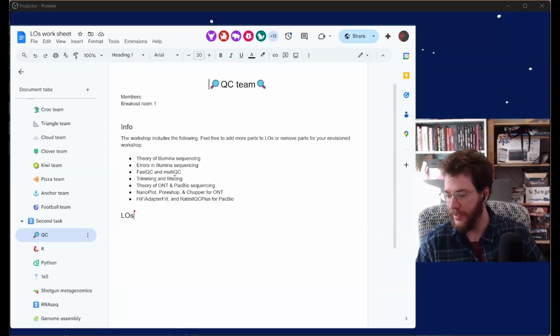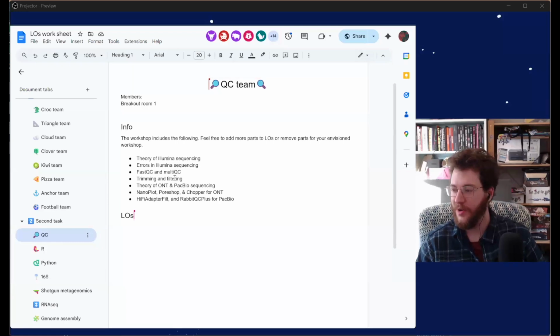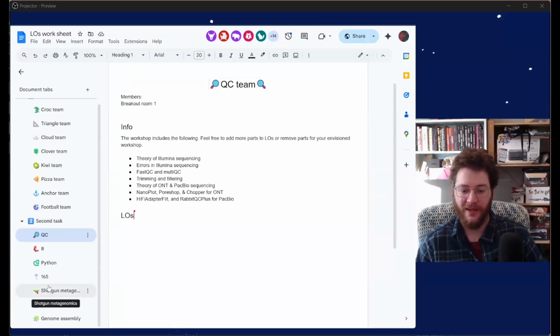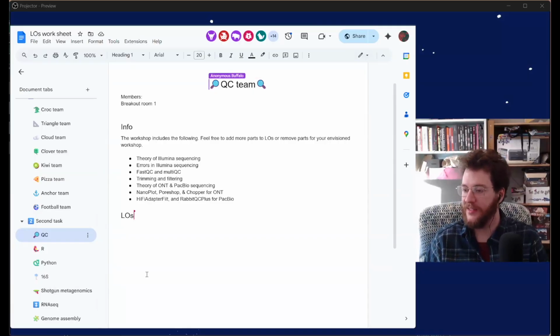But we're probably only going to have about 15-ish minutes for this. So yeah, 2 or 3 learning outcomes. So does anybody have any strong inclination of what they would like to do? And then they can get team members to join them.